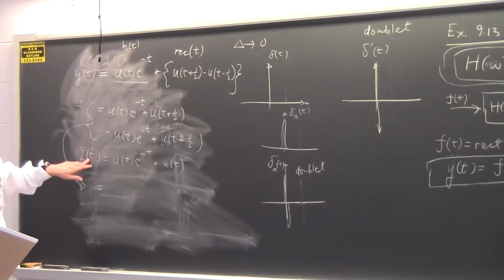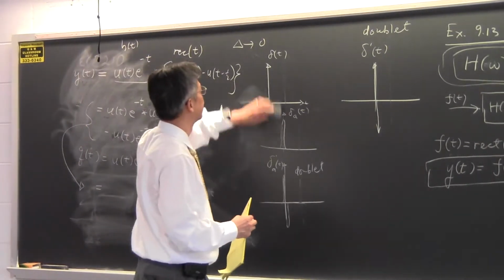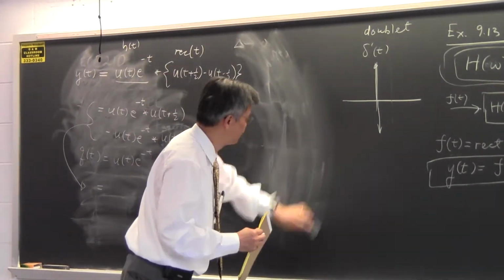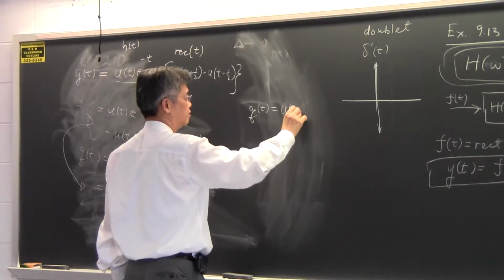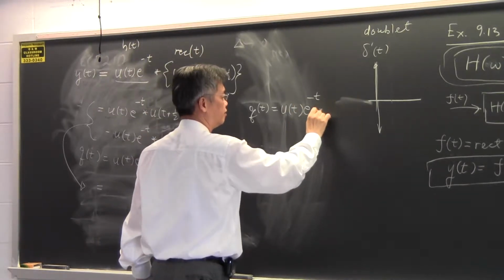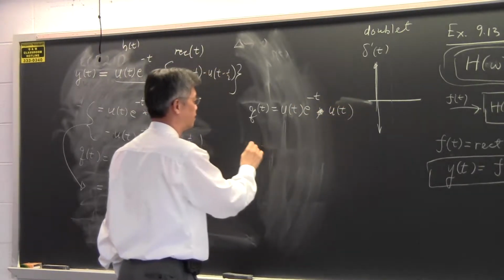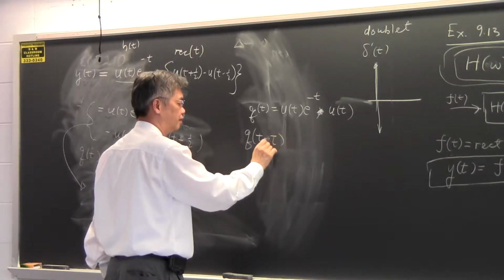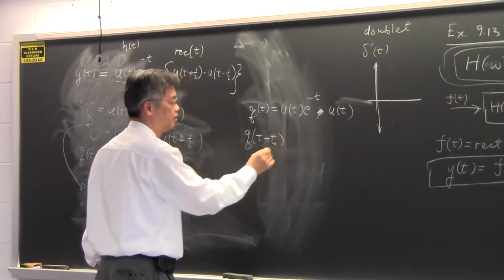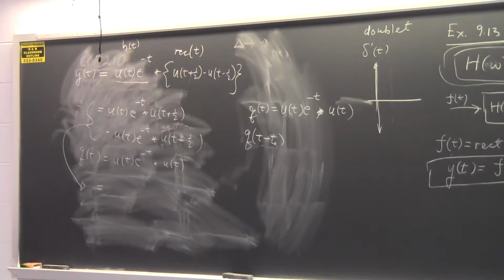And when you delay this, let me revise this property with you again to make sure that you're cognizant of it. If q of t is equal to e to the minus t convolving with u of t, what is q of t minus t0, say? This is one of the shifting properties of convolution. Then it will be equal to what convolving with what? You delay either one of the two. You don't delay both of them.